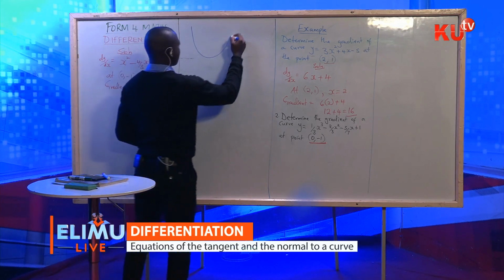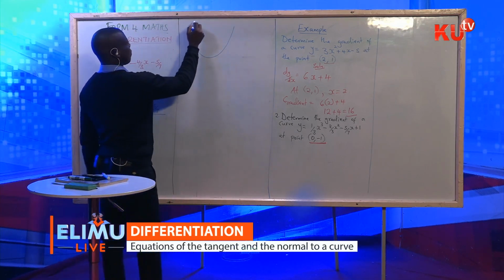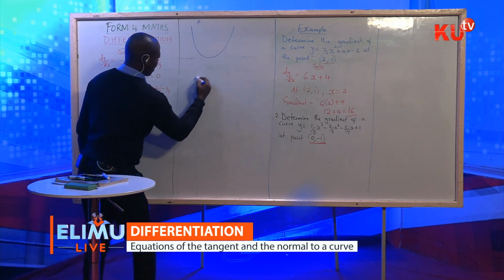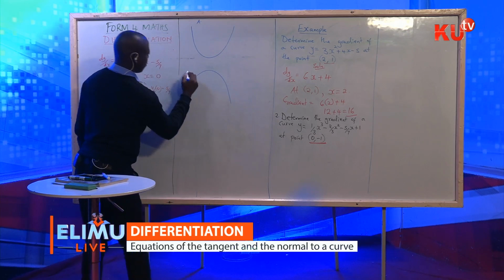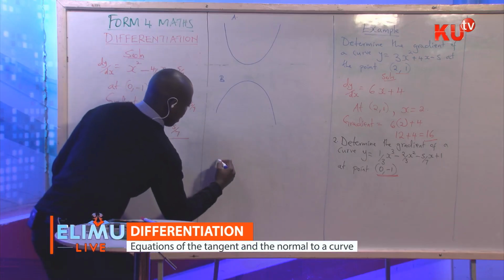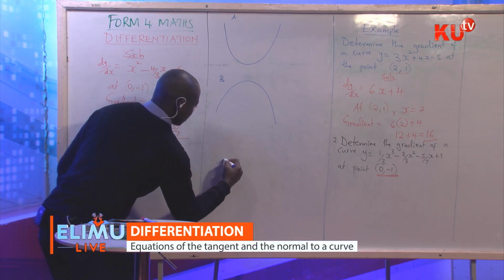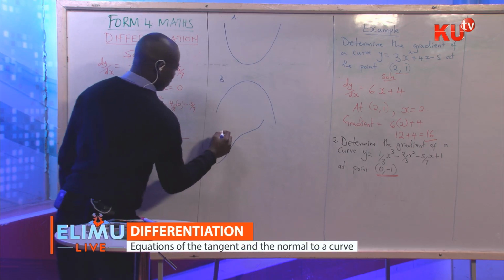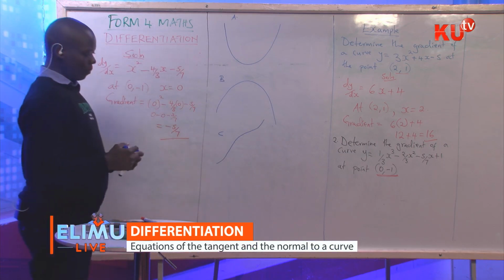This is our curve, we'll call it curve A. This is our second curve, curve B. And then I'll have this one as curve C.